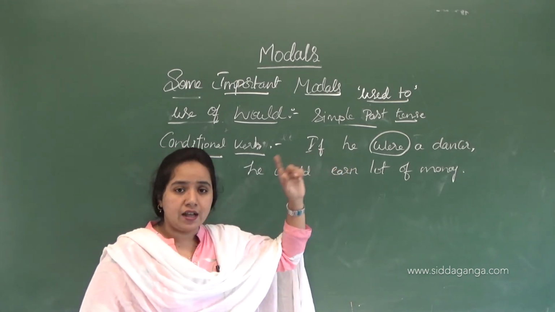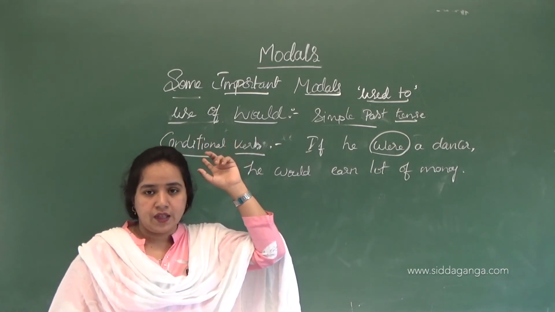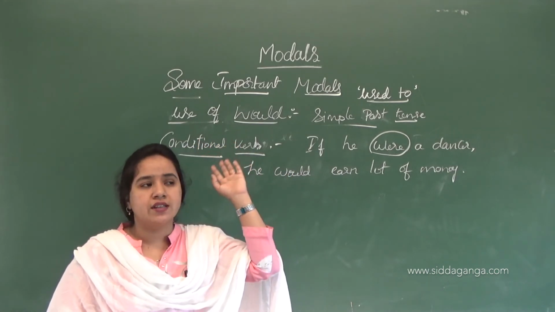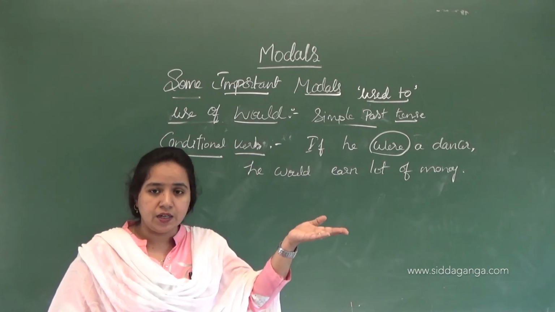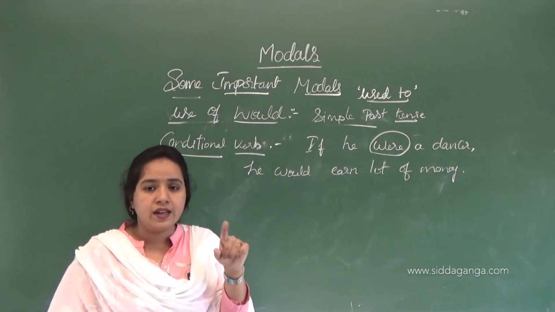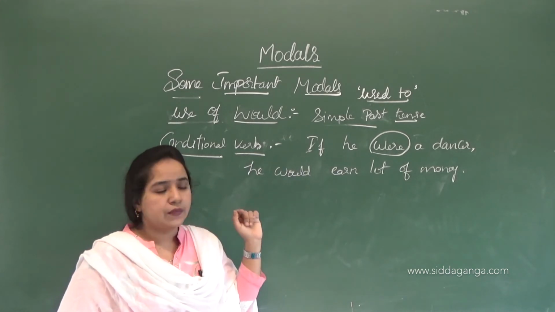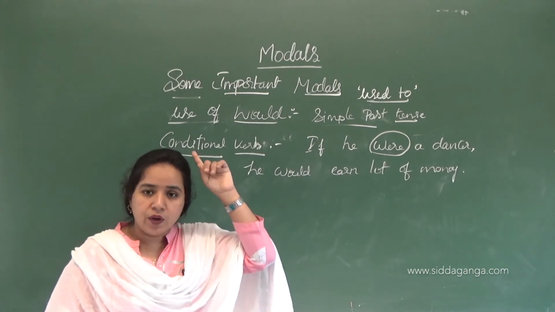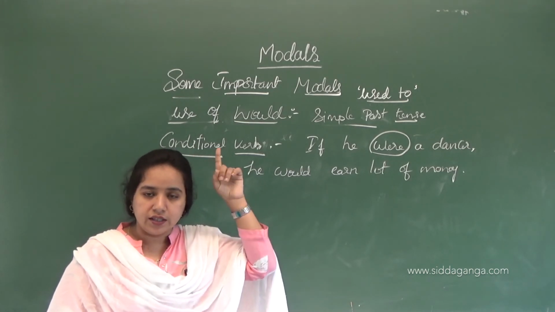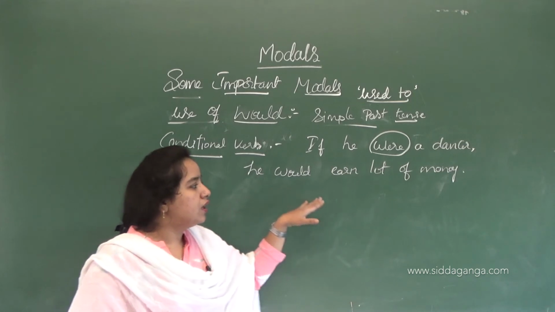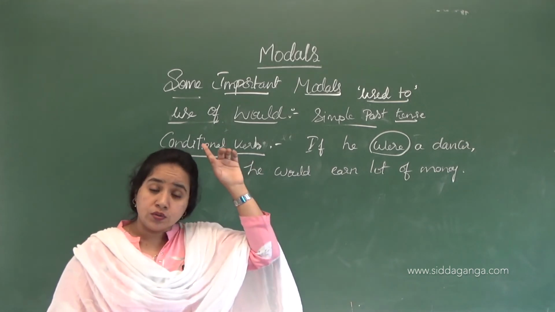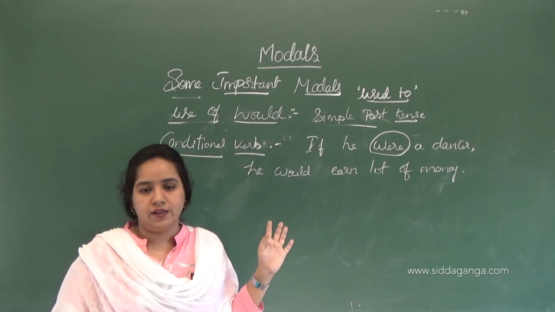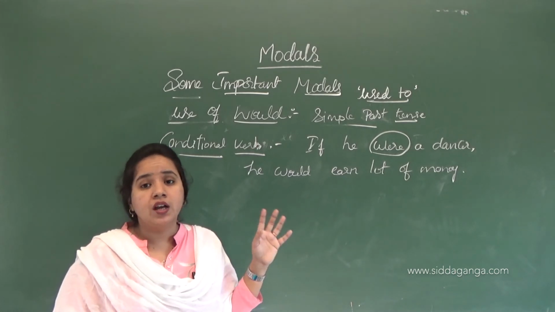If he were a dancer, in the past, means 5 years before, 10 years before, when he was young, now that person is old, so at that time we can use this would. So if he were a dancer, he would earn a lot of money. In the past only, he would earn a lot of money if he were a dancer.